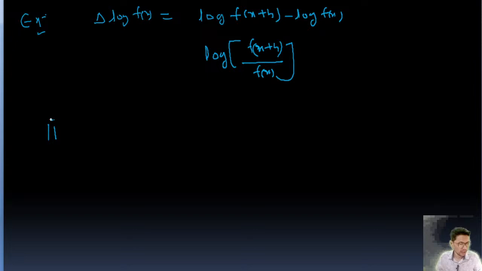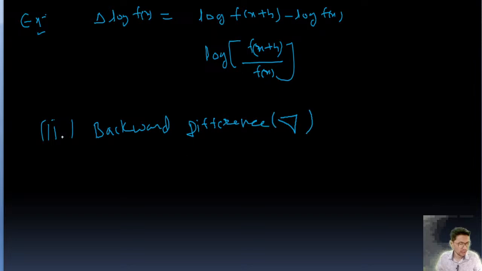Second is the backward difference. We have already studied the forward difference. Now the backward difference is denoted by this delta, and in a similar way we can find it: this is forward, this is backward difference.